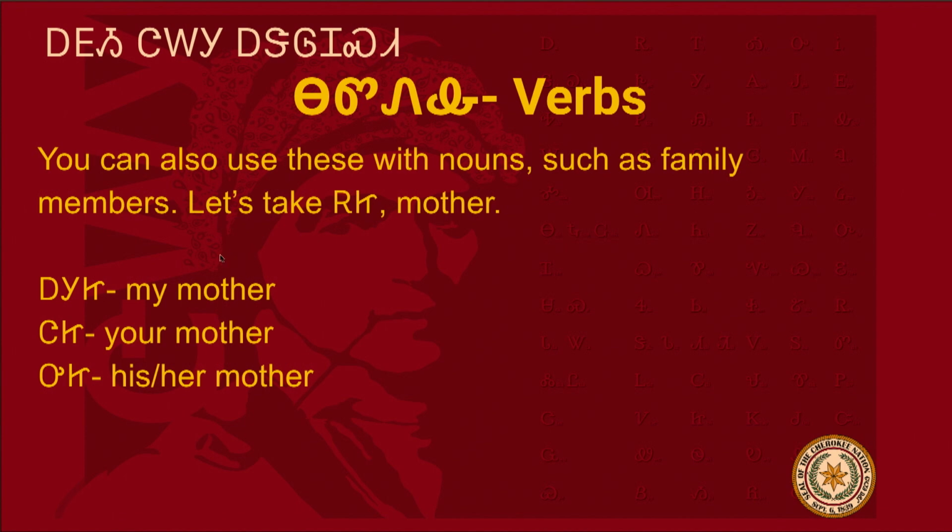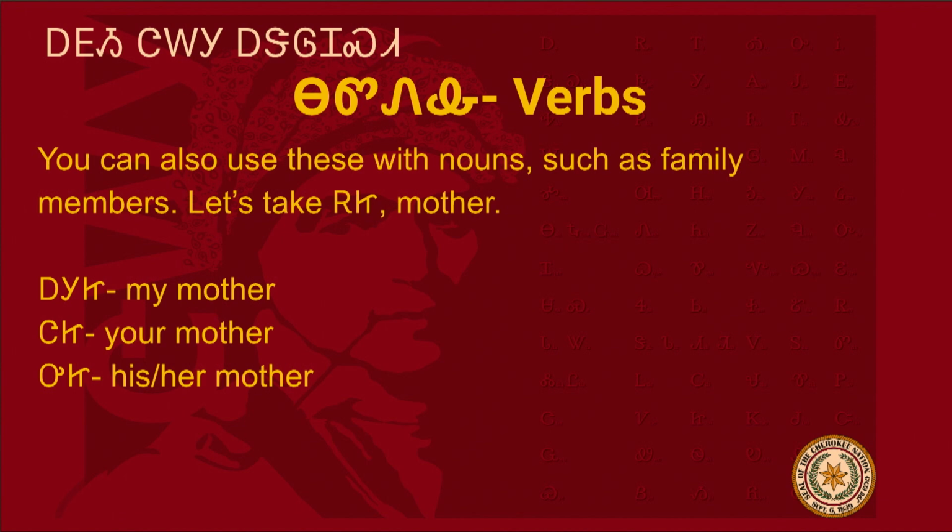You can also use it with nouns, which is the weird thing about Cherokee, is you can take a noun and you can verbify it. So we can take one of the words that we had in our song. Okay, we can use eji, mother. When you use it that way, eji, that's if you're talking directly to your mom.